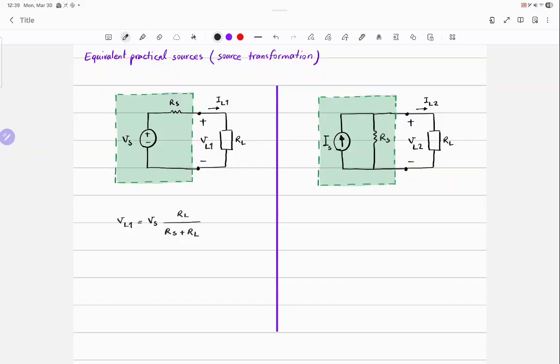Okay, so that is VL1. Let's find VL2 on the right-hand side. How can I find VL2? The fastest way possible. RS over RS plus RL times IS. That's a current. Oh, times RL.